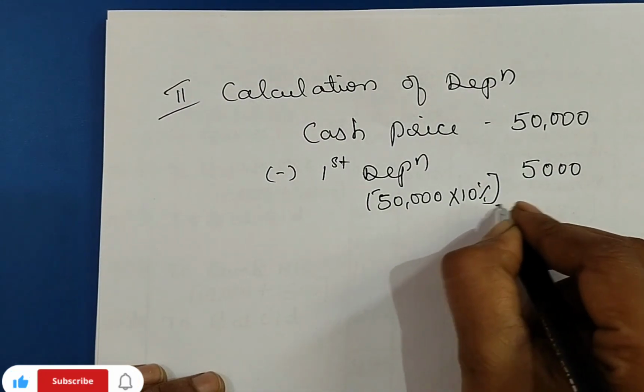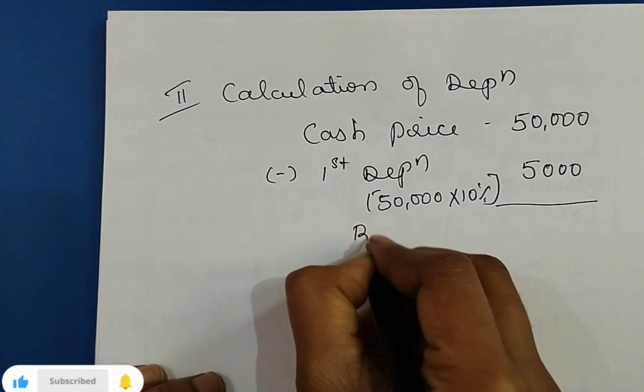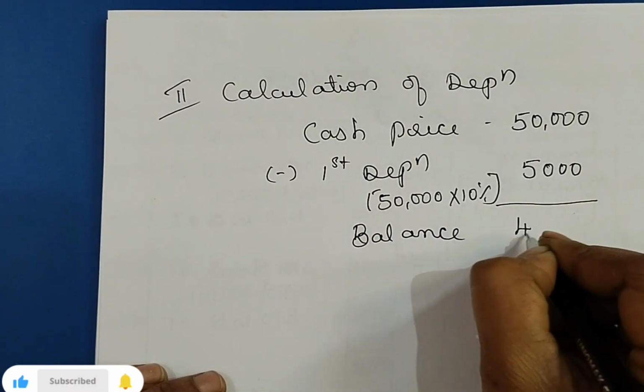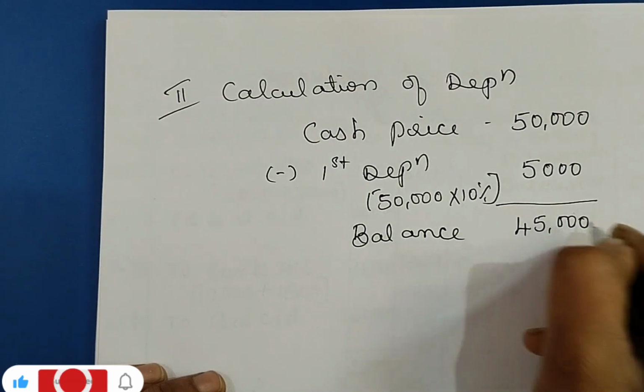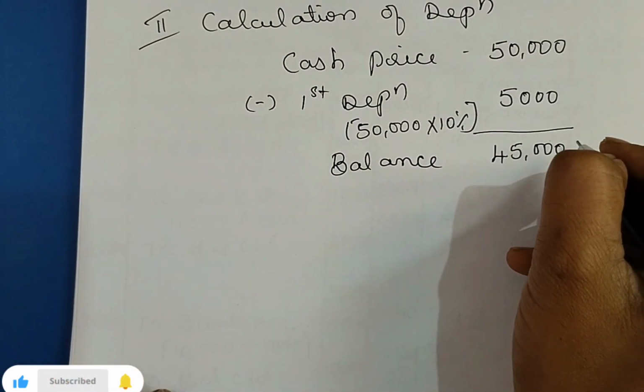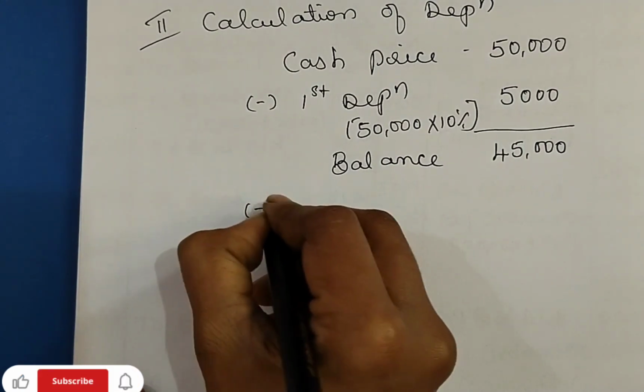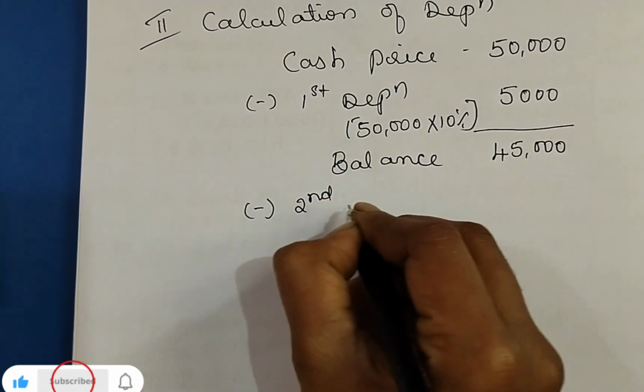50,000 into 10%, 5,000. The balance 45,000. On balance, we are calculating depreciation for the second year because it is diminishing balance method. Less second year depreciation.